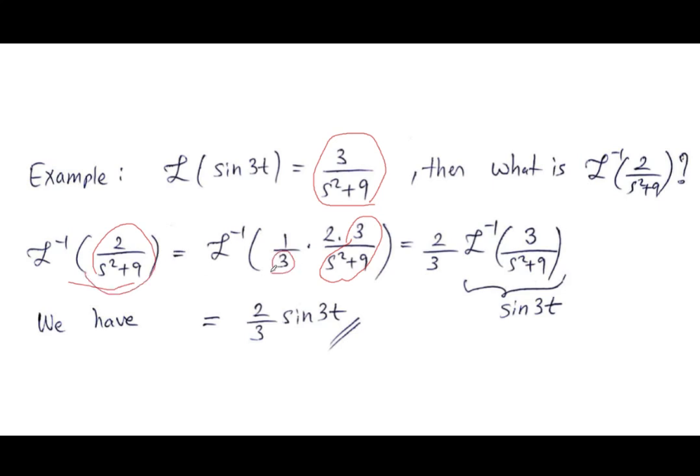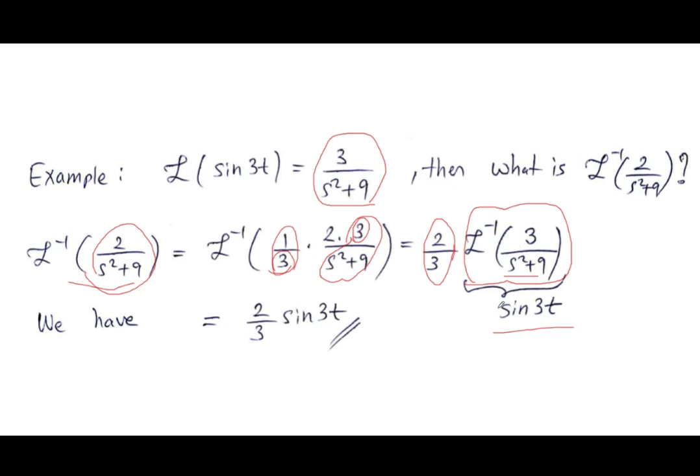So we didn't change anything, we just multiply and divide by this 3, and then we take this 1 over 3 times 2 out of this expression, and I'm left with 3 over s squared plus 9. And now we again have a similar expression that we might remember from our previous Laplace transform examples. In those examples, we have already seen this type of expression is actually the Laplace transform of sine 3t.